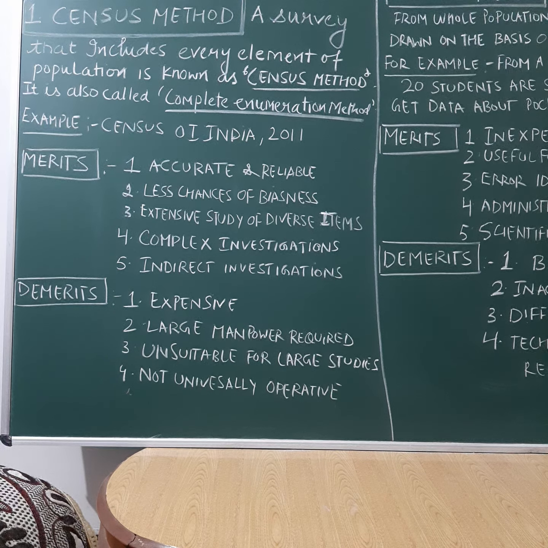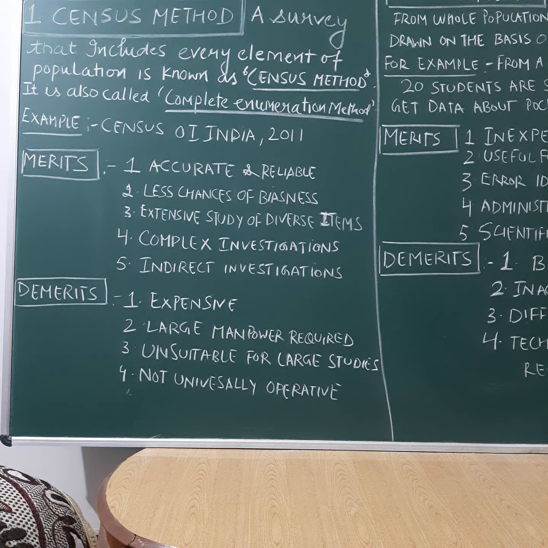Now let us read it word to word. First of all, the census method. The census method is a survey that includes every element of the population. As I have already told you, if a lakh people are there, we are going to take the data from a lakh people.